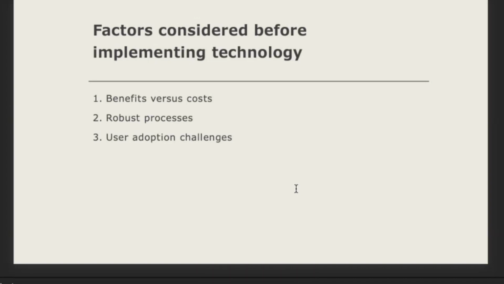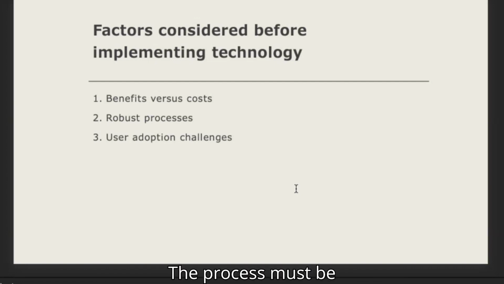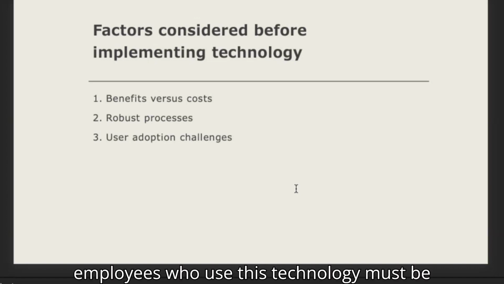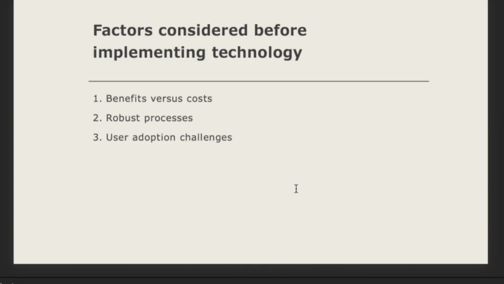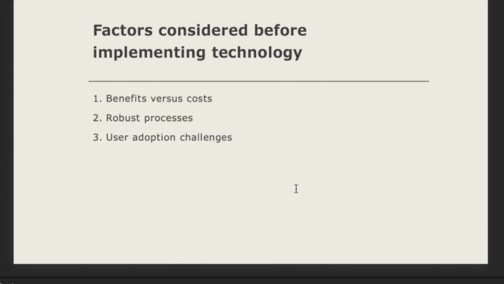So benefits must be thought of, not the costs. The process must be made 10x times precise and efficient, and the employees who use this technology must be made aware before bringing the technology into force by the organization.